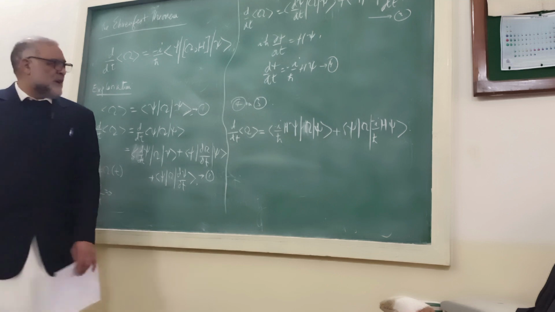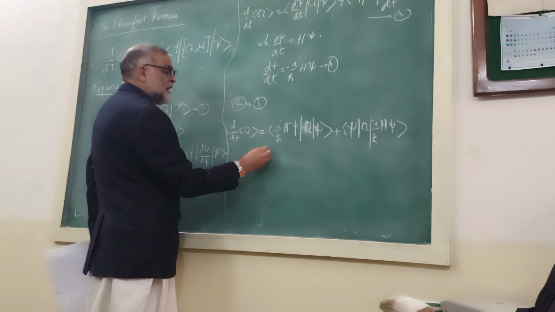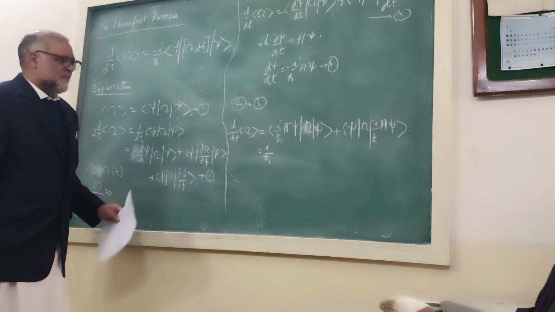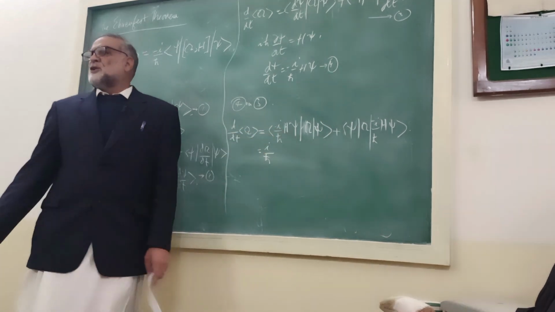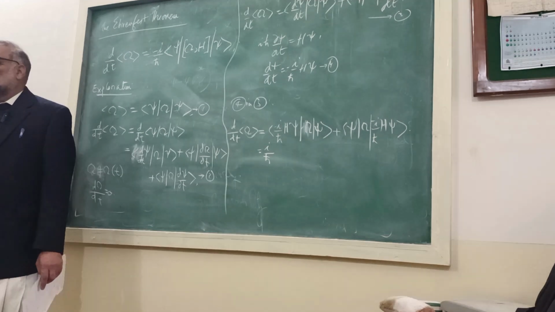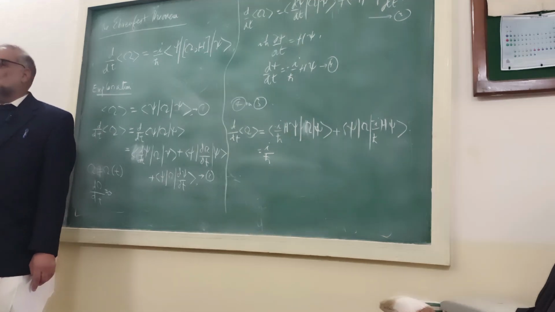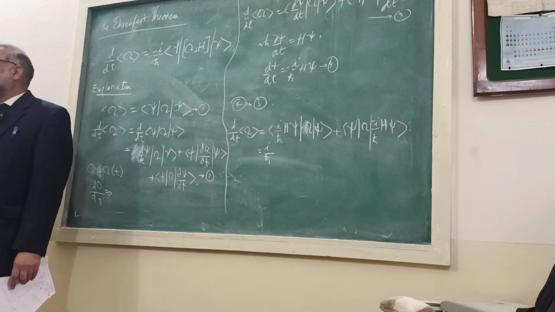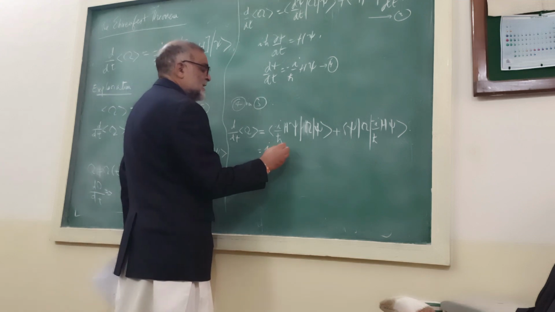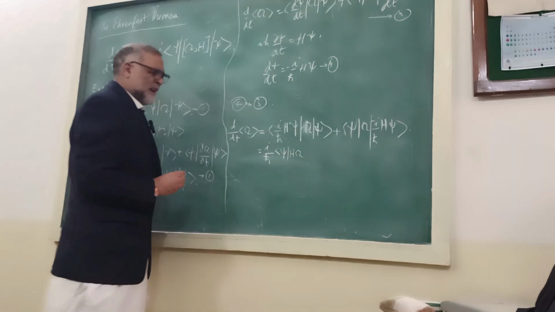So minus i will become plus i, and that is a constant. And H is a Hamiltonian, so I should also take its complex conjugate, but since it is a Hermitian operator, a real physical observable, it will not change. Is it okay?